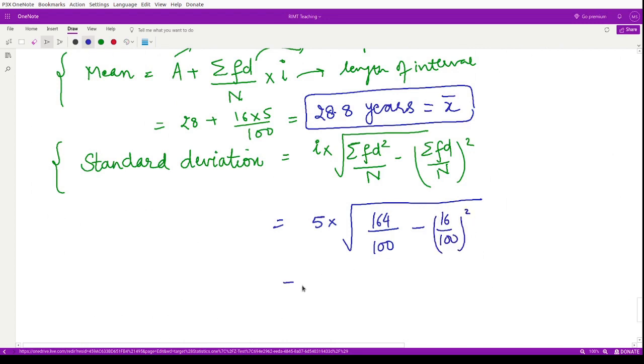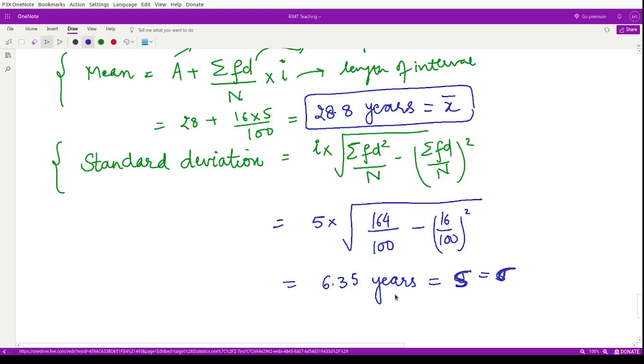So when you solve this, you will get the value as 6.35 years. You may check this calculation. Now this is your S, and because we have a large sample, this is equal to sigma here.